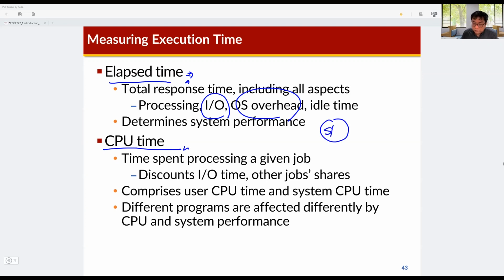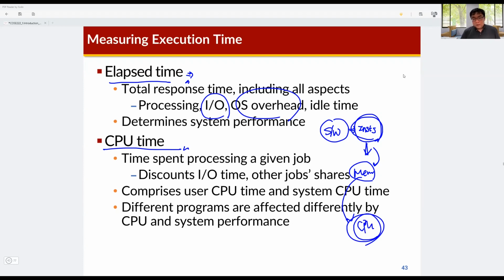The software is compiled and the instructions are generated from the software. These instructions are stored in the main memory of the computer system and then transferred to the CPU. We just ignore these other factors like the overhead, and we measure only the execution time by the CPU. This is called the CPU time.